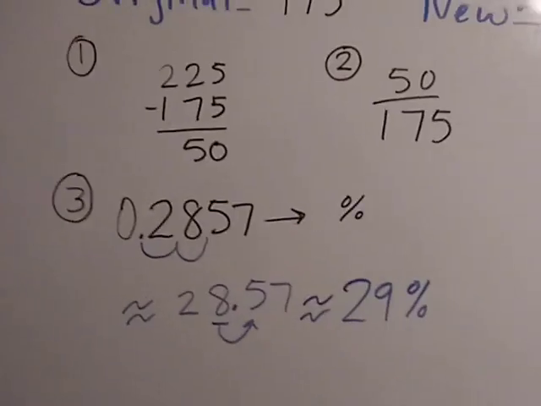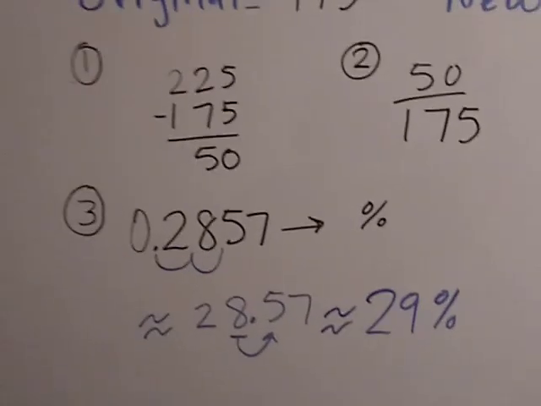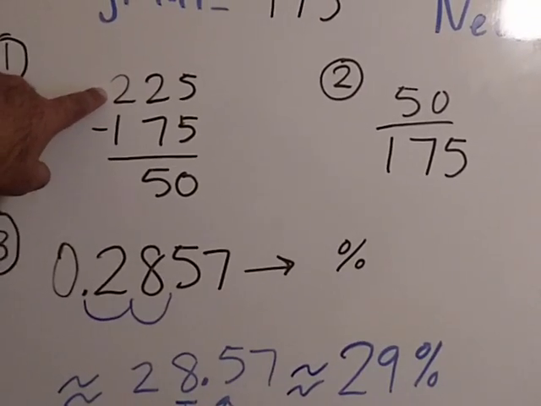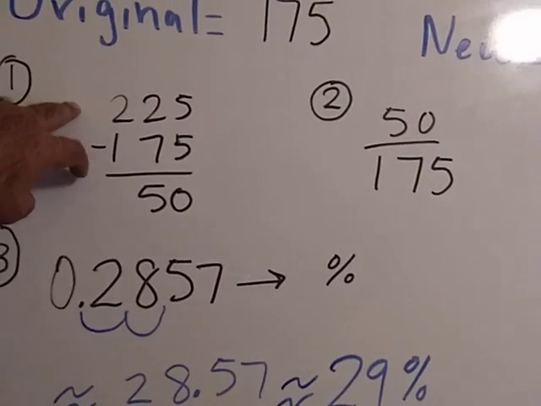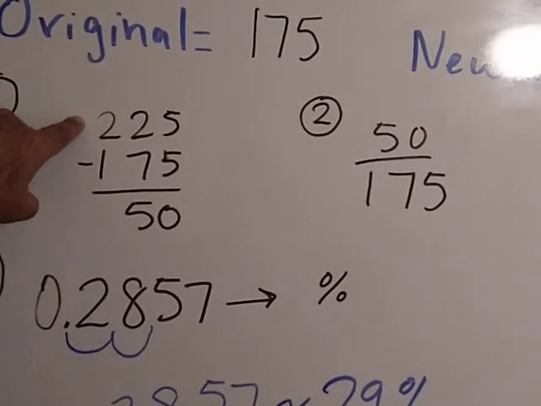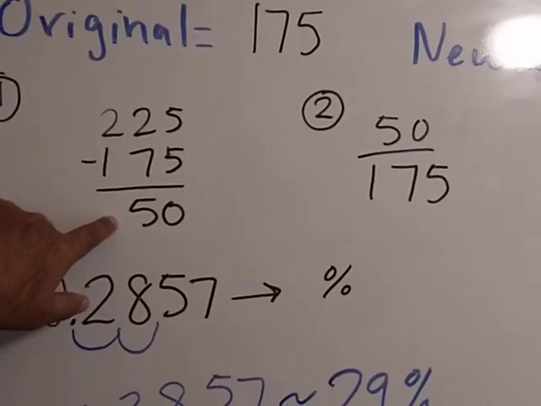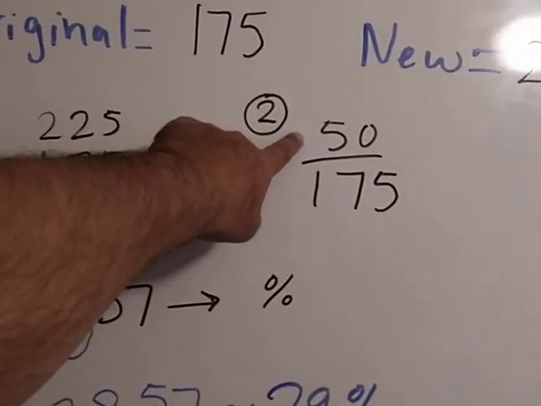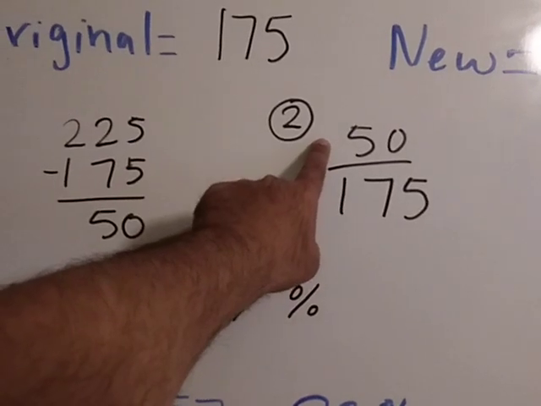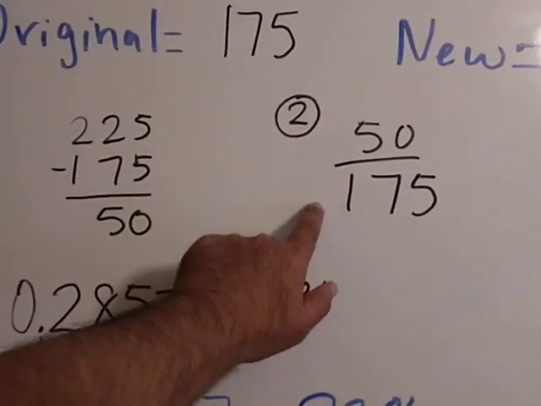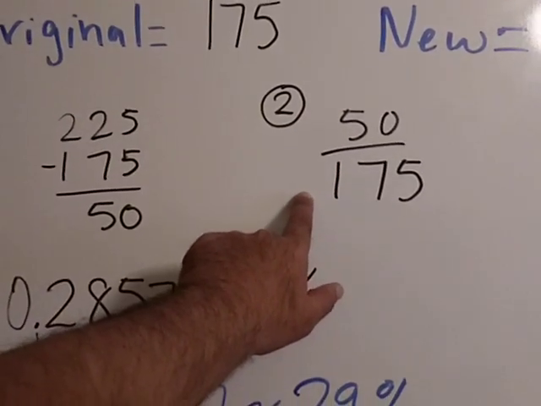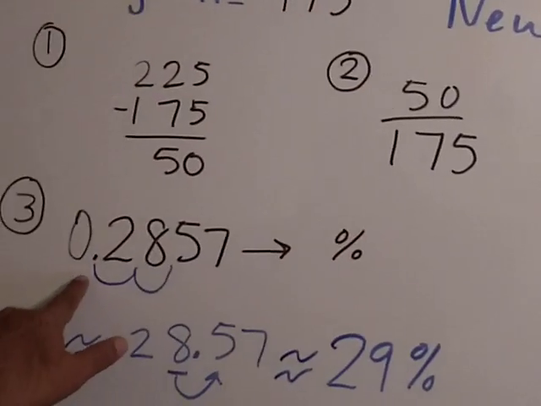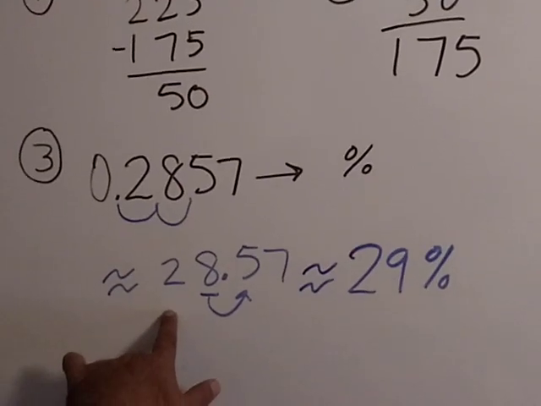Again, to review it, we find the difference in value of the increase by subtracting the original amount from the new amount, which gave us 50. We set it up as a ratio of the amount of change over the original amount. And then we convert this ratio to a decimal, and in turn we convert it to a percent.